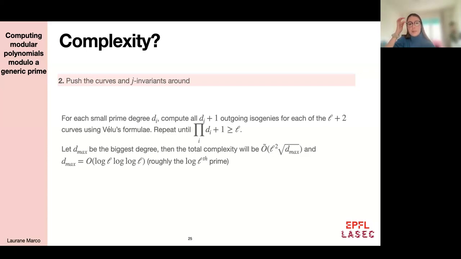We can estimate it to be roughly log L prime, so we're going to have something of the order of log L log L. This gives us a total complexity of the order of L squared square root of log L log L.